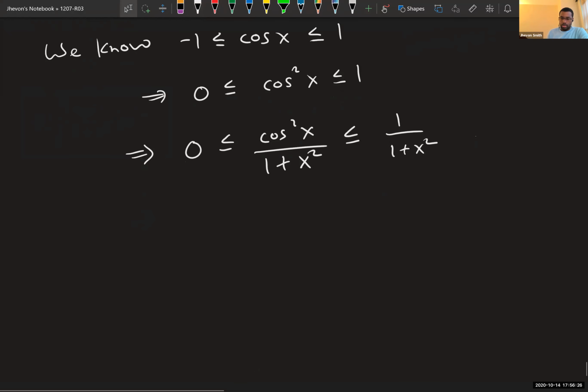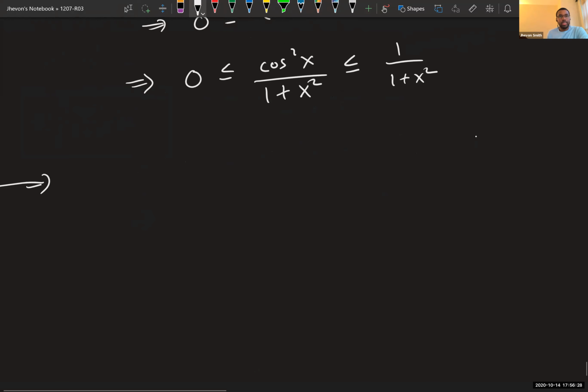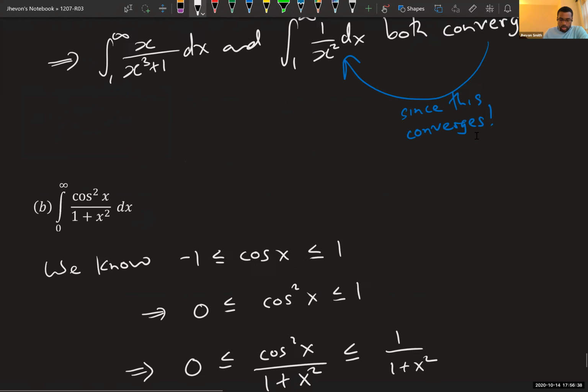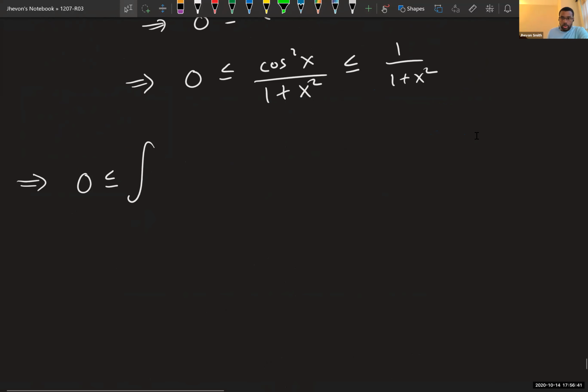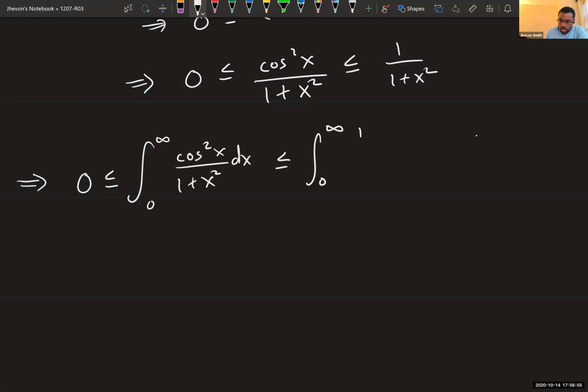And so, of course, that means that the integral from 0 to infinity, and we're continuous when x is 0, going all the way up. So we have this inequality.